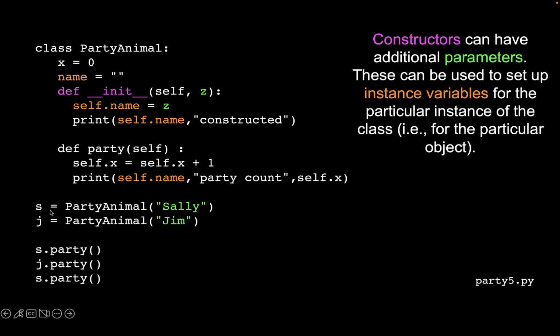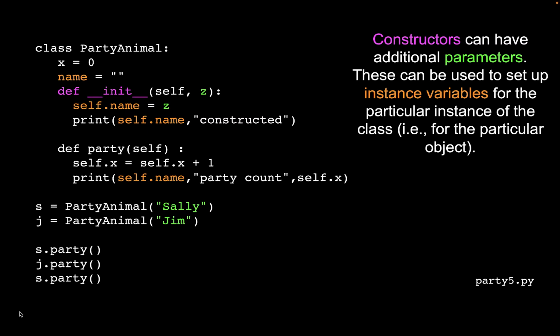So we construct a party animal passing in the name Sally, and we save the reference in the variable S. We do the same thing for Jim, and we put it in the variable J. So we call party on S. We call party on J. We call party again on S. So we'll have called party on S twice and only once on J.